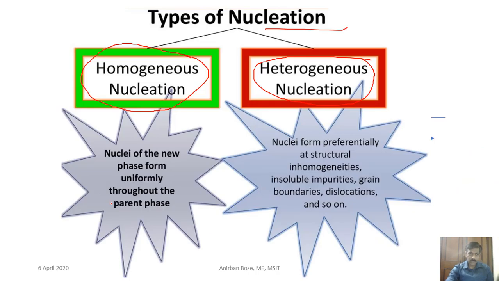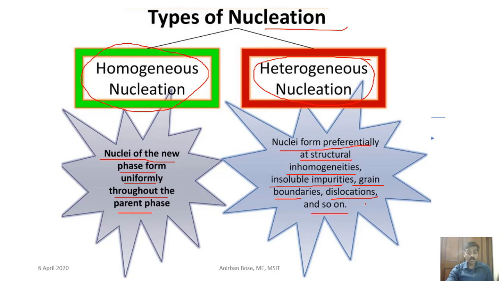Okay, so if nuclei of the new phase form uniformly throughout the parent phase, then it is homogeneous, and if nuclei form preferentially at structural inhomogeneities, insoluble impurities, grain boundaries, dislocations, and so on, then that means there will be some preferred sites where the chances of nucleation will be more.